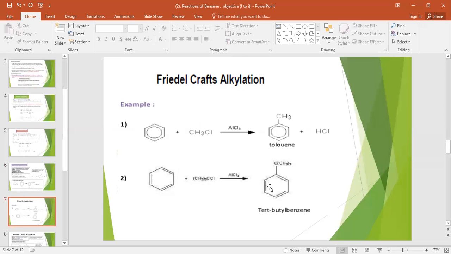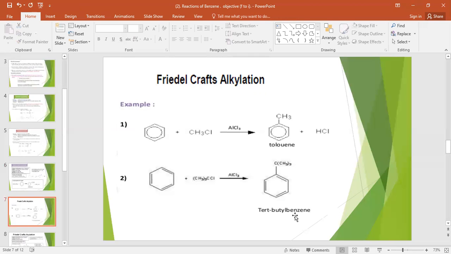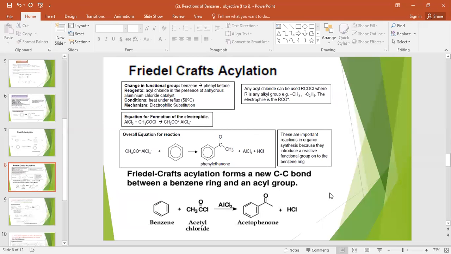Then the formation of this compound will take place. The name is tertiary butyl because we have 4 carbons, 3 from here and 1 this one, and it will attach on the ring. So you got 3 examples for alkylation. Practice please and you will get more information.